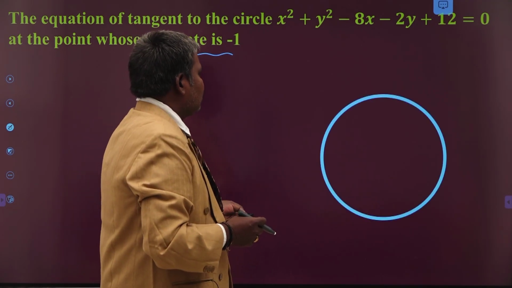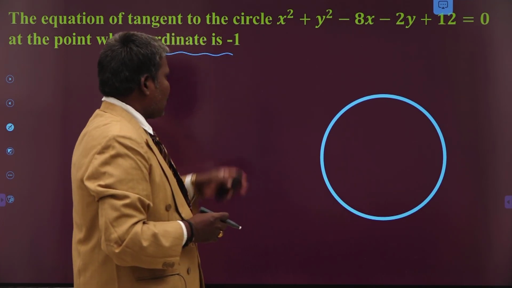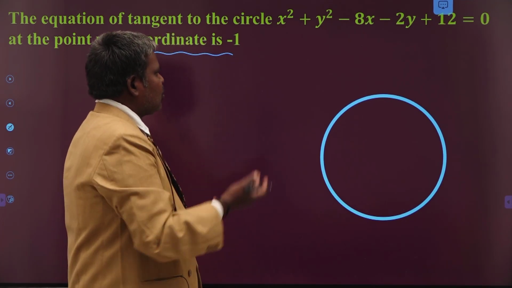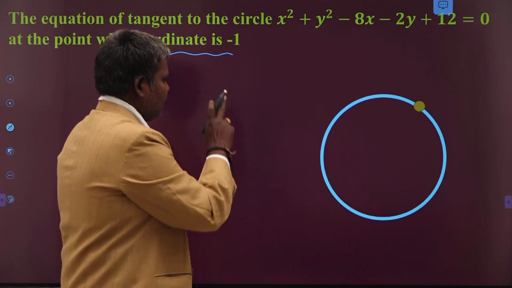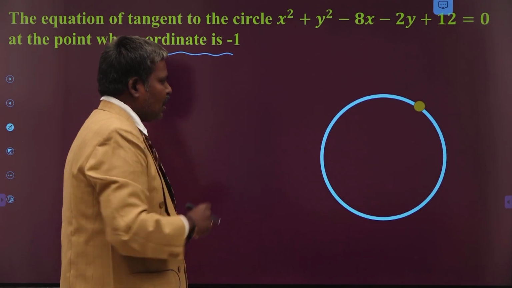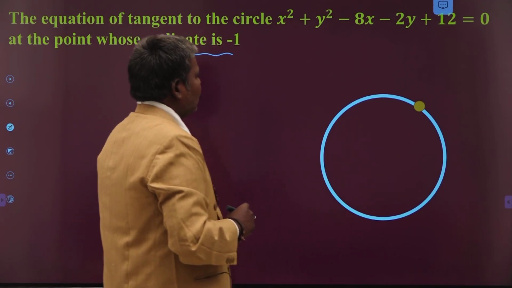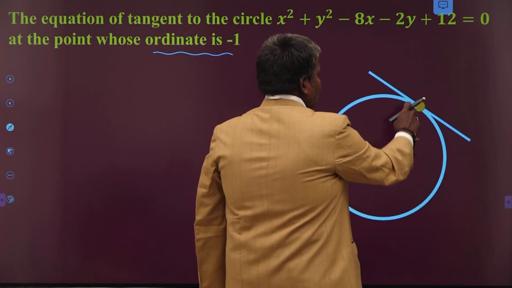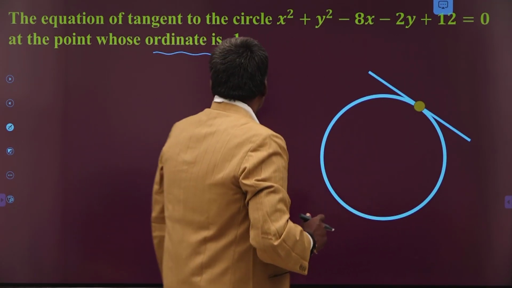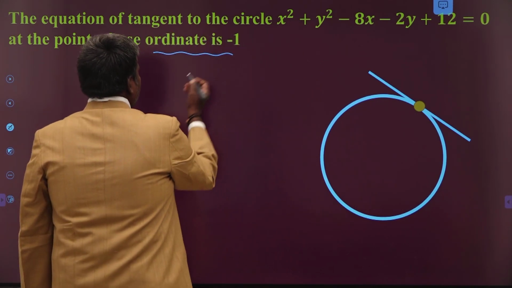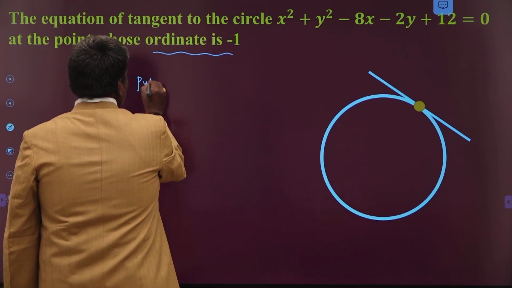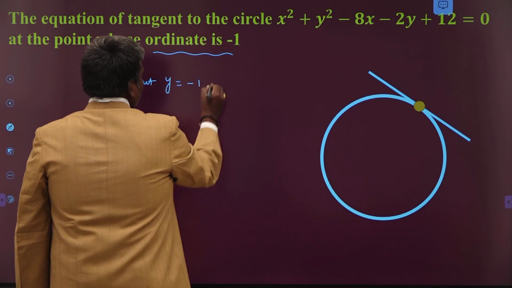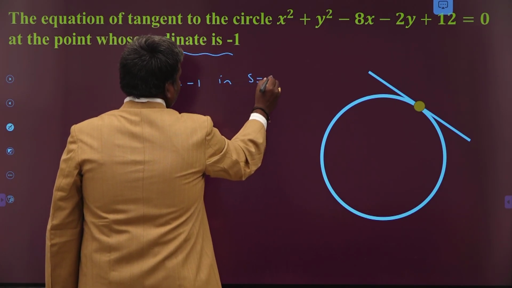See here, this is the circle x square plus y square minus 8x minus 2y plus 12 is equal to 0. This is the point on the circle whose ordinate is minus 1. You have to find out the equation of tangent drawn at this point. So, what is the ordinate here? Minus 1. Put y is equal to minus 1 in S is equal to 0.